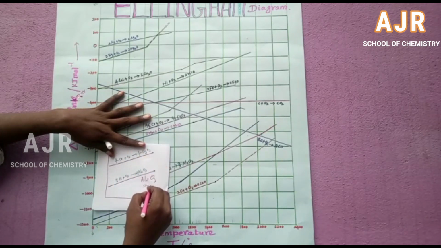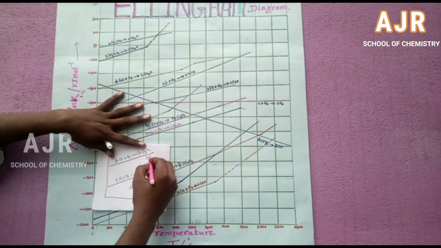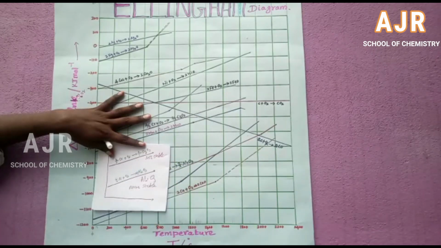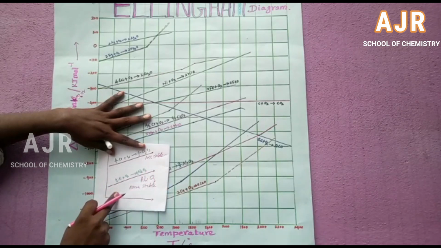This is more stable than your Cr2O3. Why? Here Al2O3 line is lying below that of the Cr2O3.